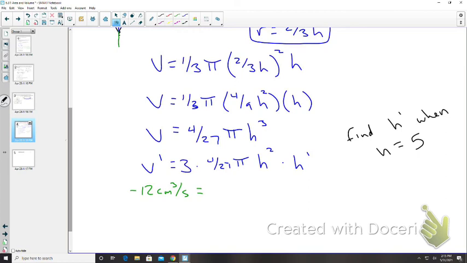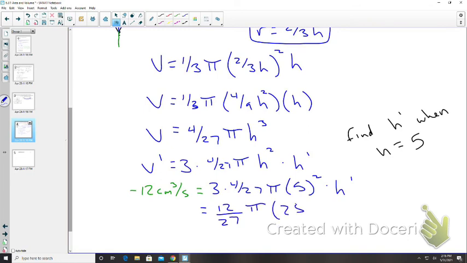It's okay. So we have 3, and I'm just going to leave these fractions alone right now. Pi, H is 5 squared, times H prime. So we get 12 over 27 pi times 25 times H prime, which is equal to negative 12.